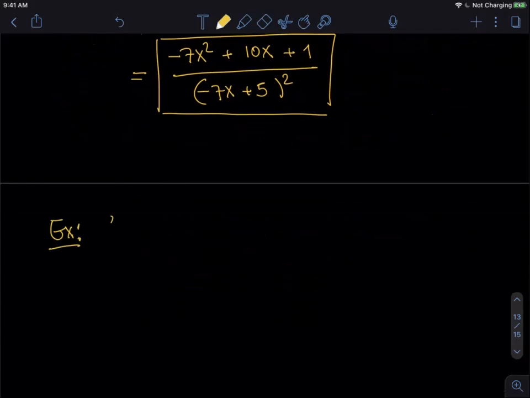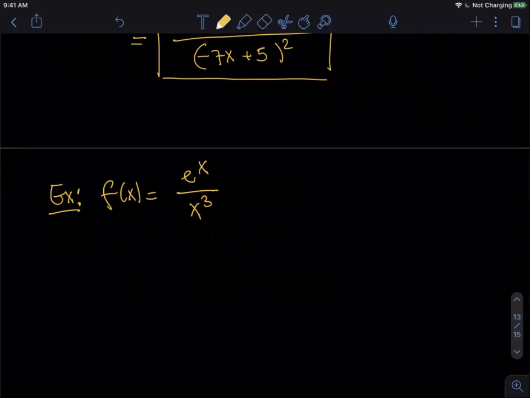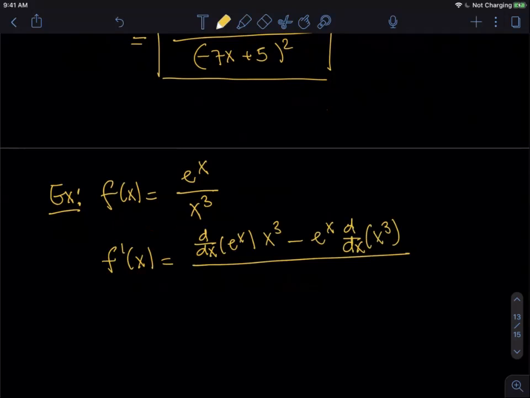More examples. So f of x is the exponential of x divided by x to the power 3. It's always good to have an exponential. So f prime of x is d/dx of exponential of x times x to the power 3 minus e to the x times d/dx of x to the power 3, divided by x to the power 3 squared.